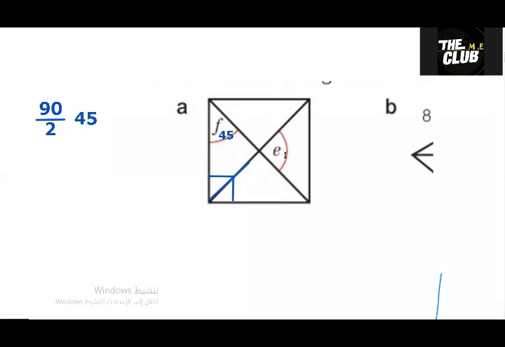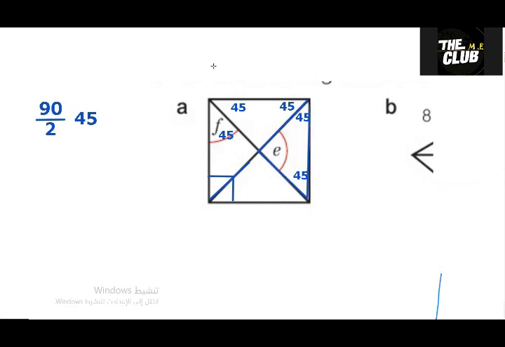Now we need to find E. Now each angle here is 45. So all of them here are 45. 45 in all the base angles of the isosceles triangles. And we know that the sum of angles in a triangle is 180. So how can we find E? Very good.